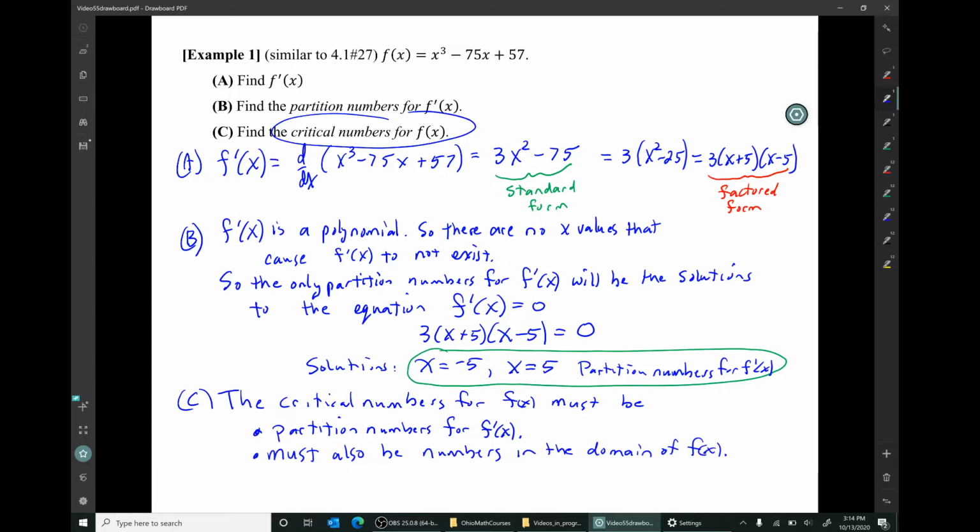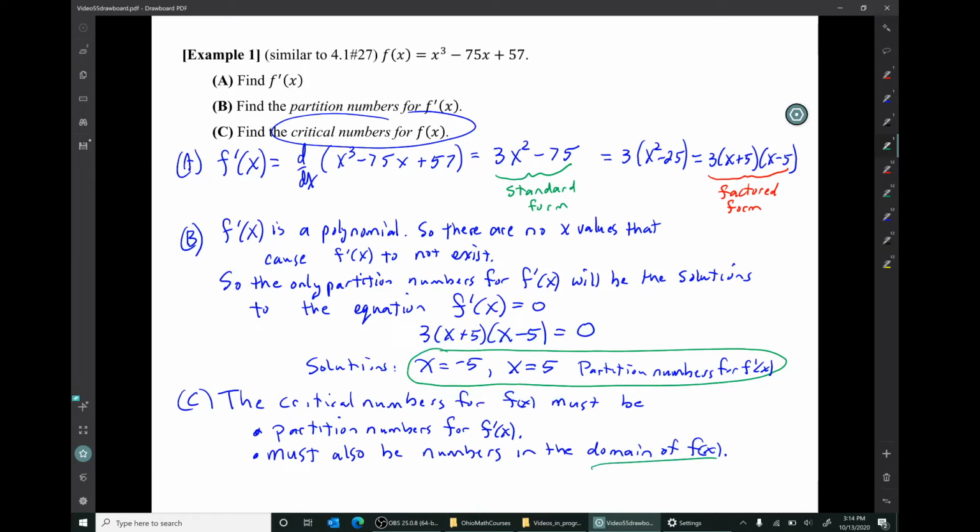The critical numbers for f of x have to be partition numbers for f prime of x, and they must also be numbers that are in the domain of f of x. Well, we see that the only candidates are these two numbers. Those are the only numbers that satisfy the first requirement. They're partition numbers for f prime. Now, what about the second requirement?